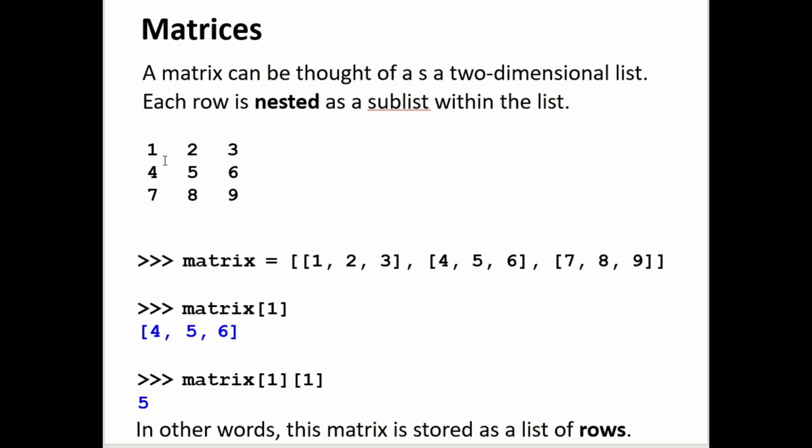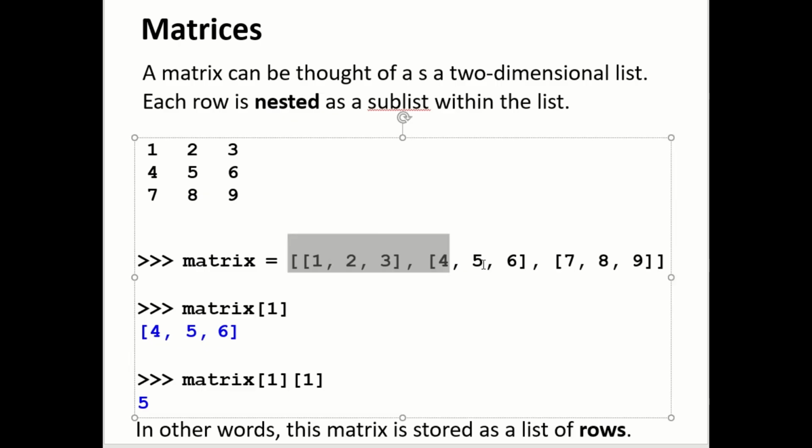So this matrix here, 1, 2, 3, 4, 5, 6, 7, 8, 9, 3 integers on each of 3 rows, can be expressed here as matrix, a 3-element list, and each of those elements is a 3-element list. And the elements of those are integers. So you can access each row by passing a single index location, but you can also access each individual integer by passing a second.